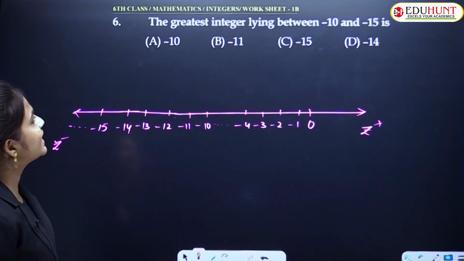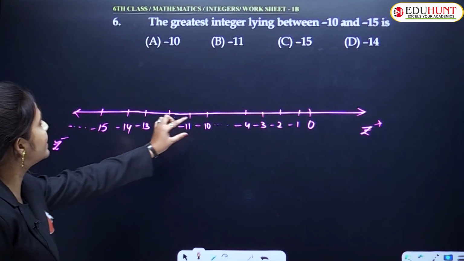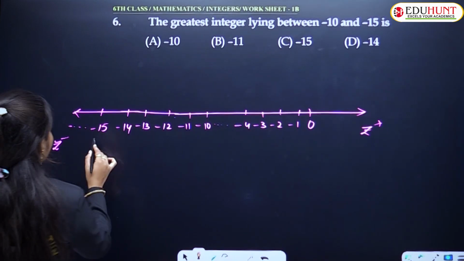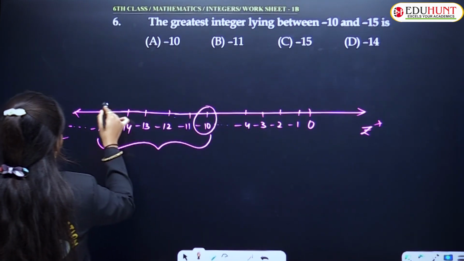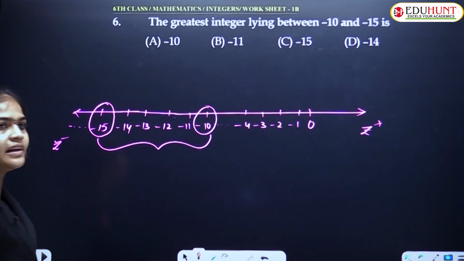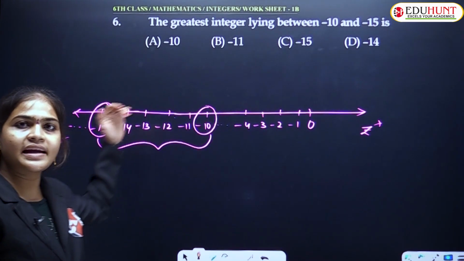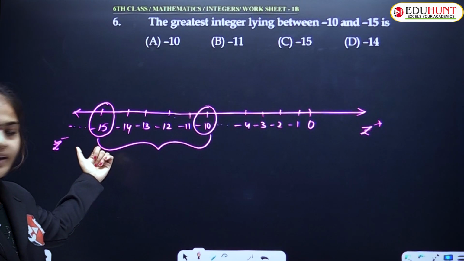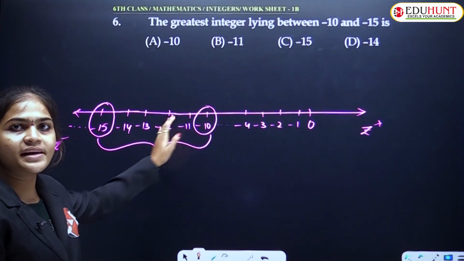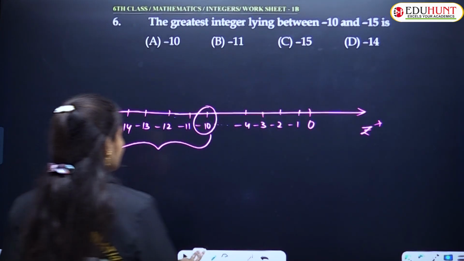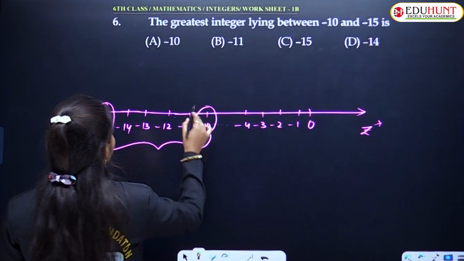Understand? The greatest integer lying in between minus 10 and minus 15. So in between minus 10 and minus 15, what is the greatest integer here? Minus 10 is greater than minus 15. Am I right? So after minus 10, which number will come here? Minus 11 is there. So minus 11 is the greatest number among them.